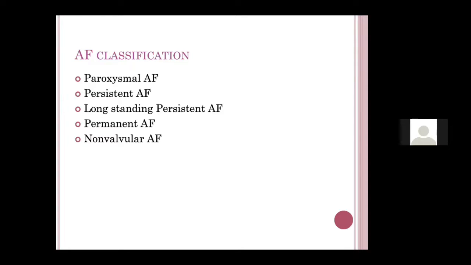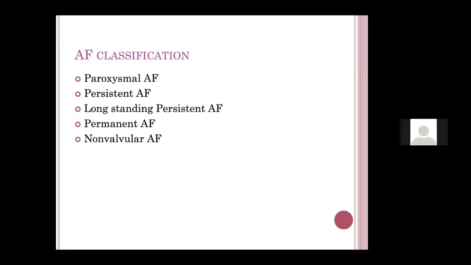And then we have another classification as valvular and non-valvular AF. Valvular AF includes rheumatic valvular heart diseases like moderate to severe MS, MR, AS, AR, and patients who are on a mechanical valve.